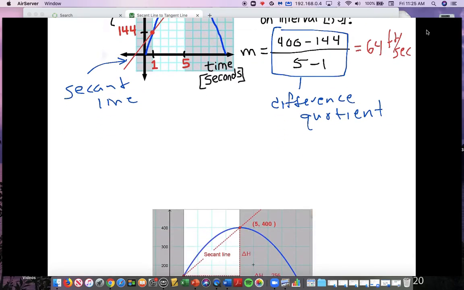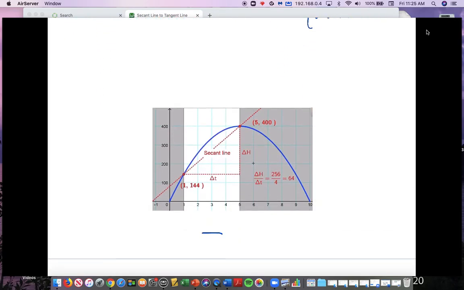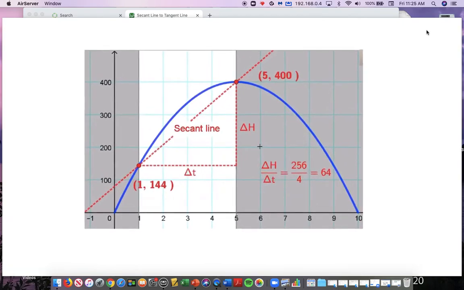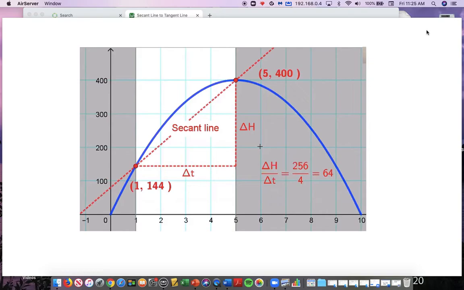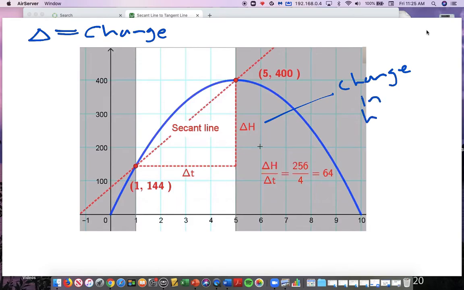So here's what we have. We've got this graph here, and we're going to take a change in the height. Remember that the triangle stands for change. So this right here is the change in height divided by the change in time.